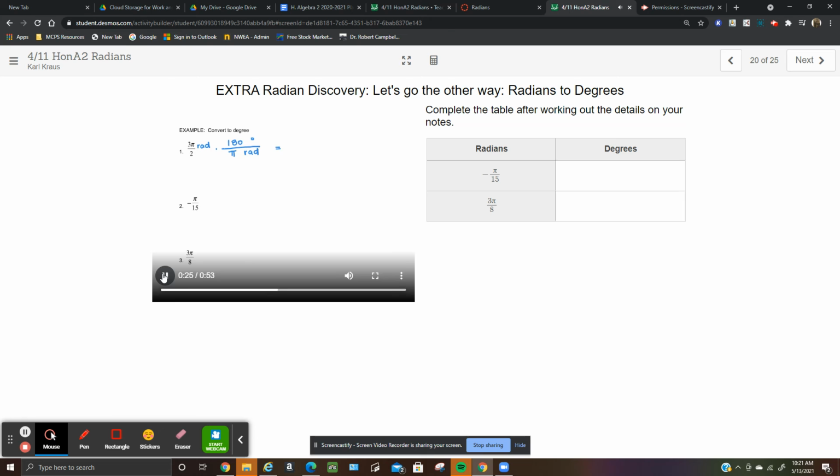And when we reduce this fraction, the 2 becomes 1. 180 divided by 2 is 90. The pi will cancel with the pi. The unit radian will cancel with the radian. And then we will end up with 270 degrees over 1, or 270. So now pause this video, try the next two, see if you can convert it correctly.